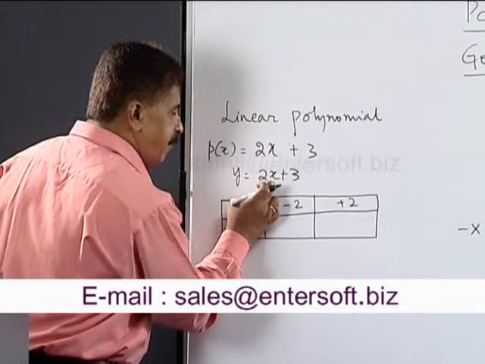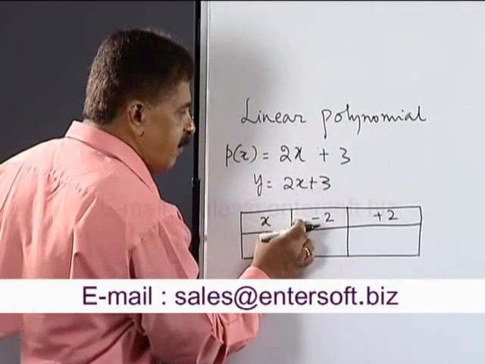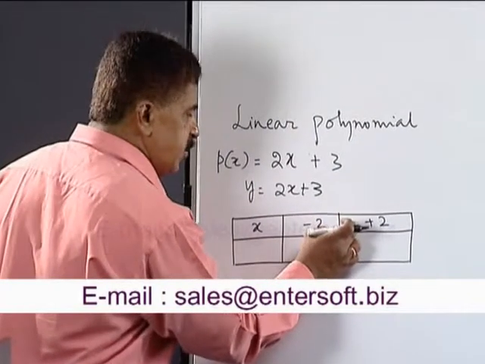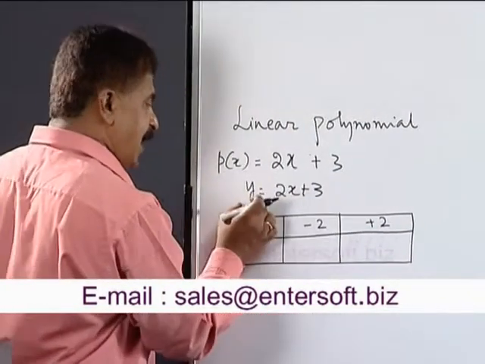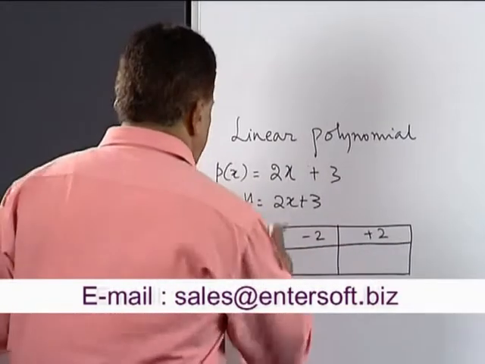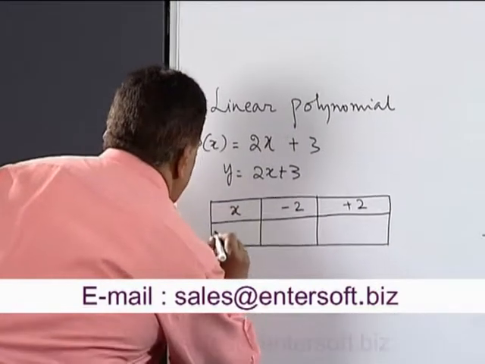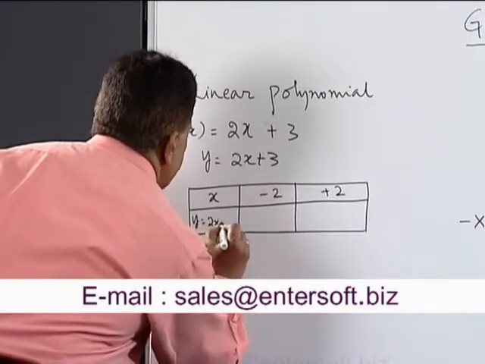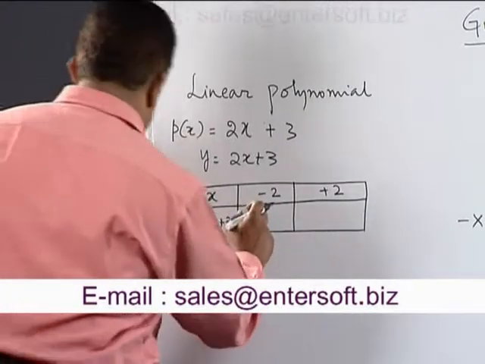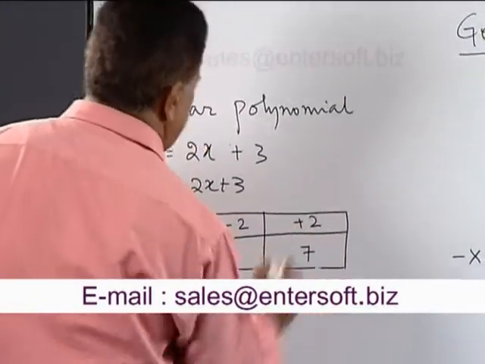I will give x some specific numbers, for example x is equal to minus 2 and x is equal to plus 2, and find the value, which I will call y for the ease of plotting. So when I substitute the values of x in y is equal to 2x plus 3, I will get minus 1 and I will get 7.